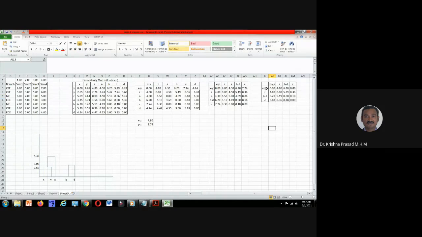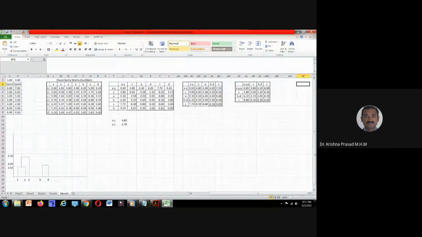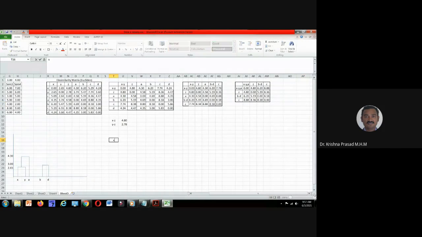What clusters are closest now? X, Y, A. 4.80. Yes, 4.80. X, Y and Z. Please combine those things. Or shall I? No, because I will write here. Please see. X, Y is first joined cluster, then A joined, then Z is going to join.